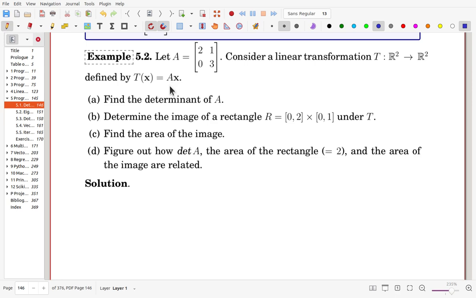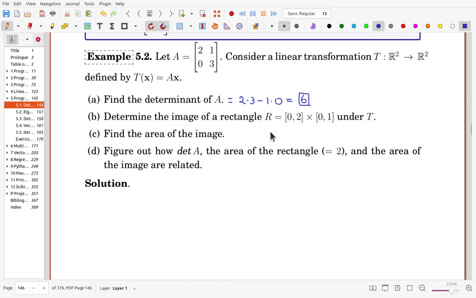Find the determinant of A. That is the same as ad minus bc. So 2 times 3 minus 1 times 0, which is 6.